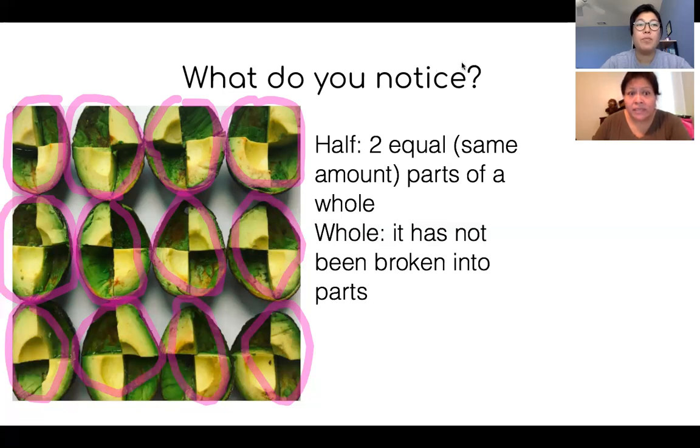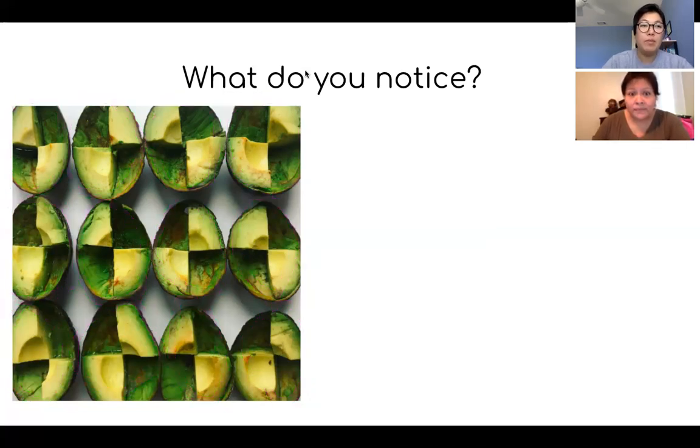So I would see that there are 3 rows of 4. Okay, so what Ms. Rosales is saying is that we are going to group them by 4. So the first row, there are 4 halves.